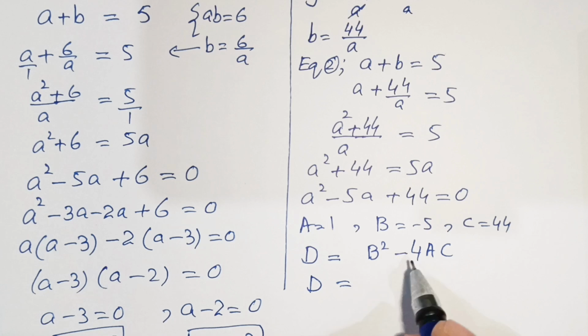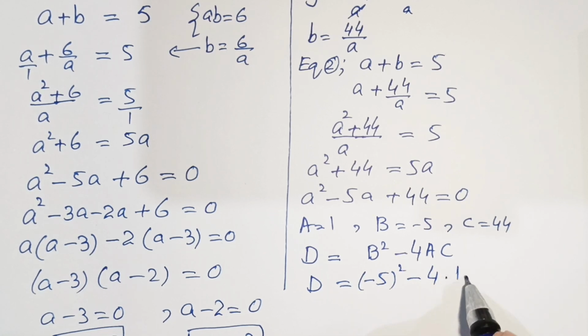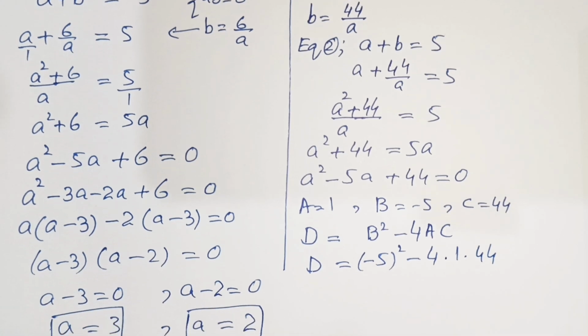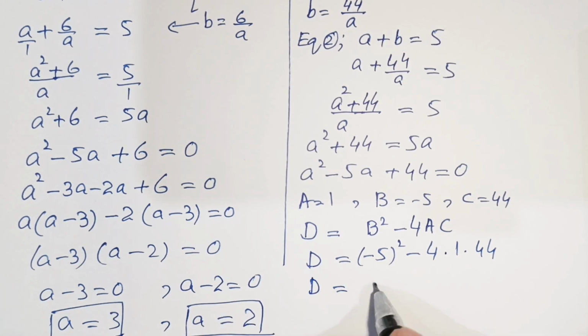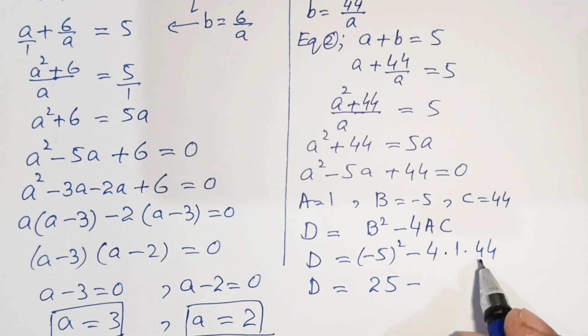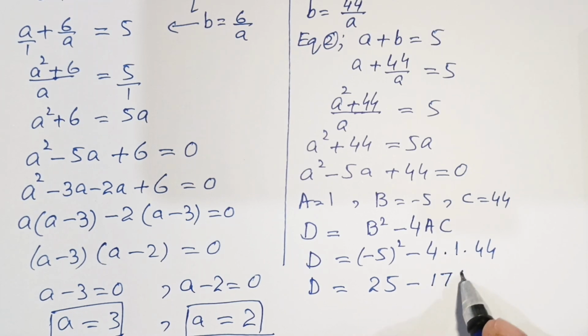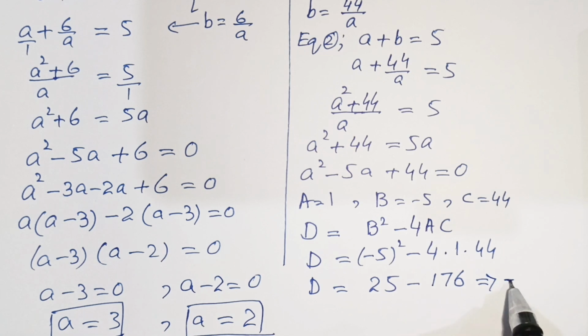So the discriminant is equal to minus 5 whole squared minus 4 times 1 times 44. So we get the discriminant is equal to 25 minus 4 times 44, which is 176. Now the discriminant is 25 minus 176, which gives minus 151, and we see that it is less than 0.